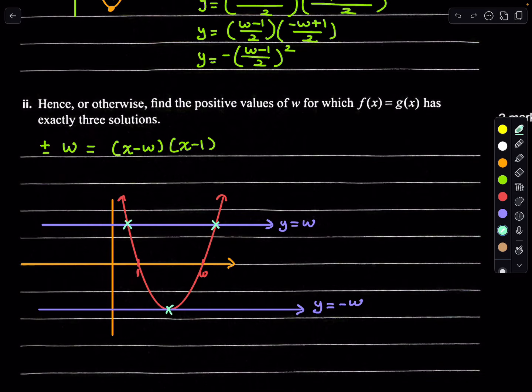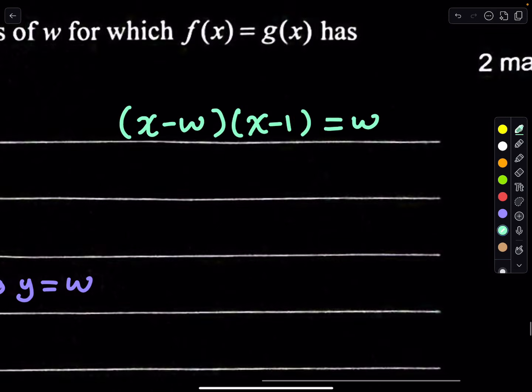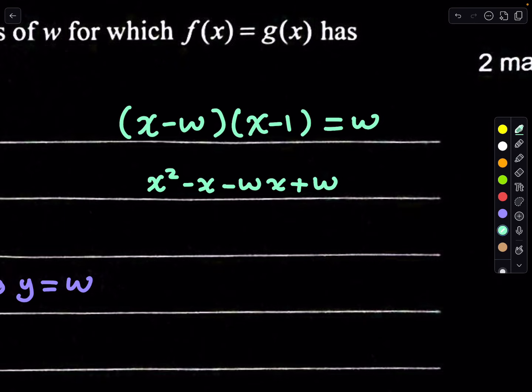So let's write this function over here. X minus w, x minus 1 equals the positive w, and let's do that first. Expand that whole thing: x squared minus x minus wx plus w equals w, and those w's just cancel out, equals 0.